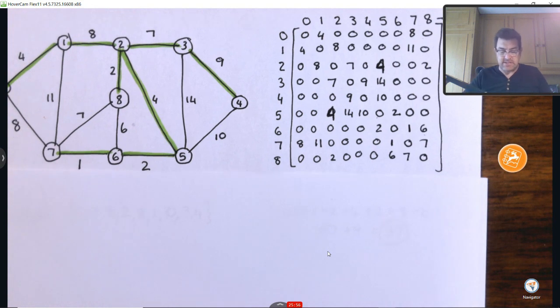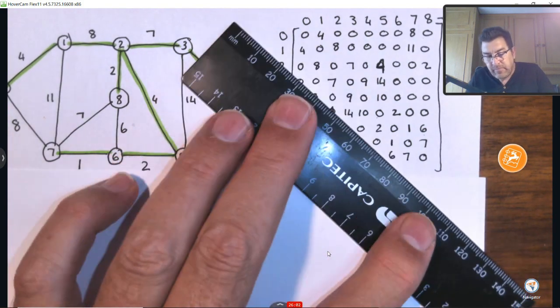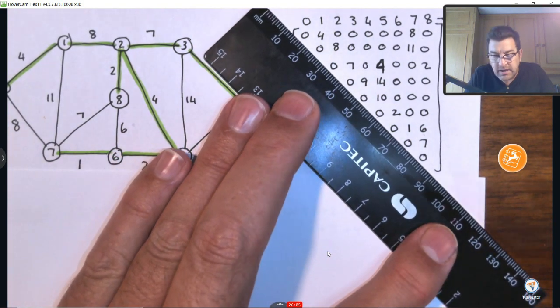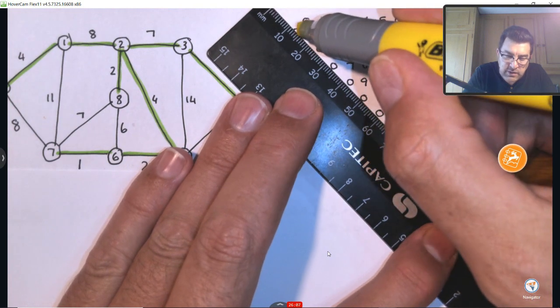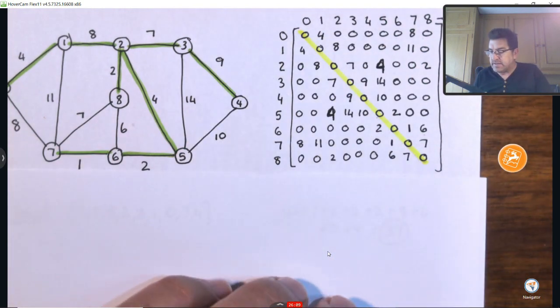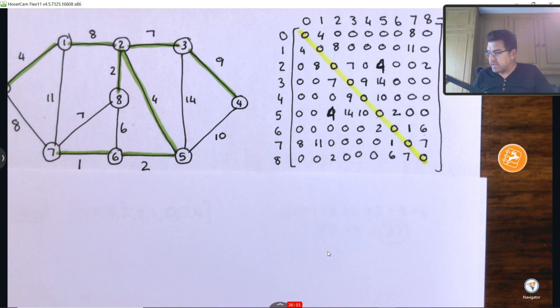Okay, so let us now use the very same adjacency matrix, and I'm just again going to highlight, my eyes go quite funny with all these entries. I'm going to highlight that diagonal so that I can start at the top.